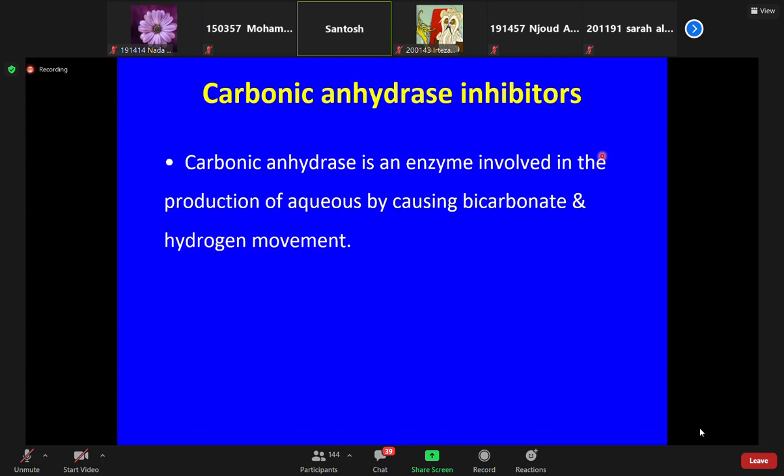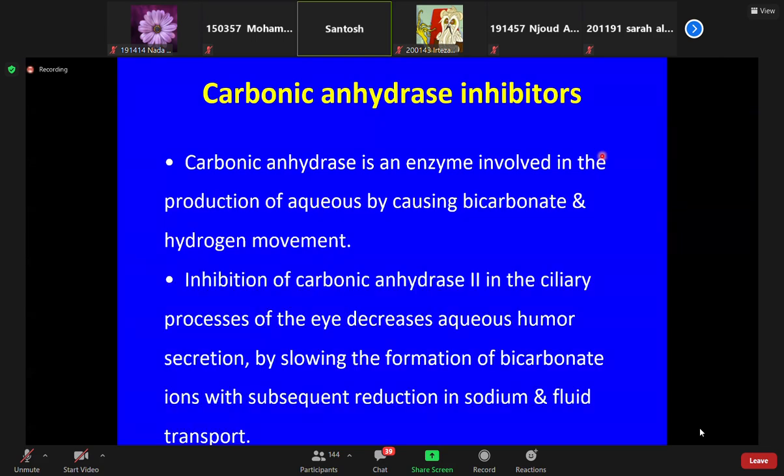Now this is an enzyme. This is not acting on any receptor. Okay. So carbonic anhydrase enzyme itself is involved in the production of aqueous humor by causing bicarbonate and hydrogen movement. So bicarbonate plus hydrogen leading to water and carbon dioxide. So this movement across these two sides of the equation is facilitated by carbonic anhydrase.